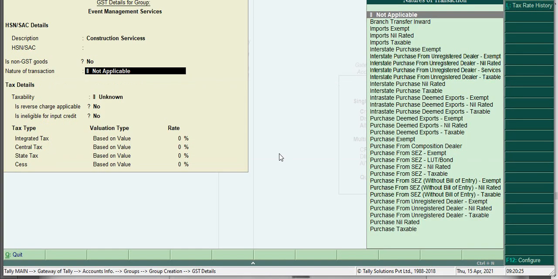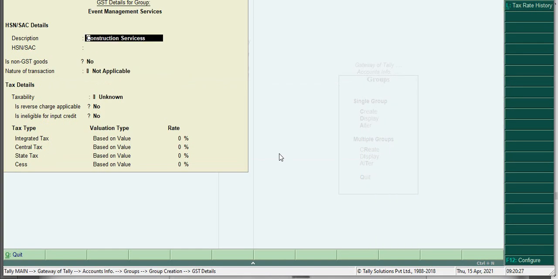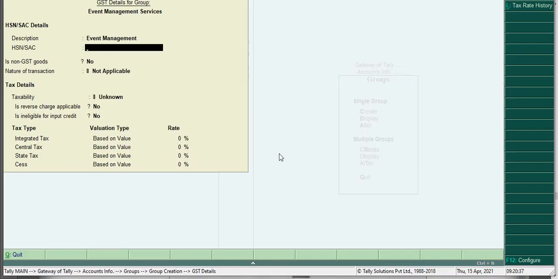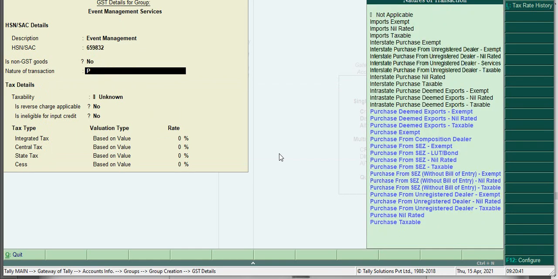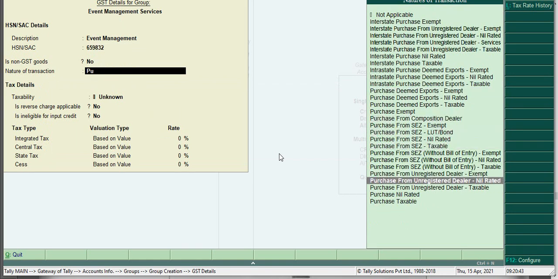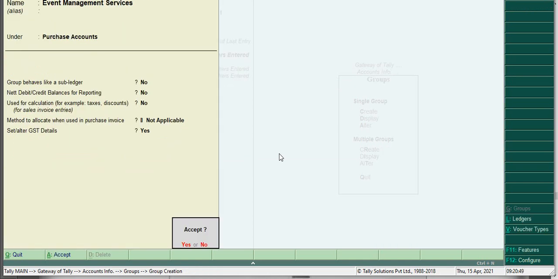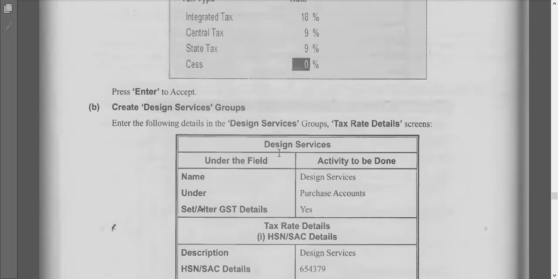Purchase taxable, event management. What is that HSN number? 659832. This is purchase taxable with 18%.